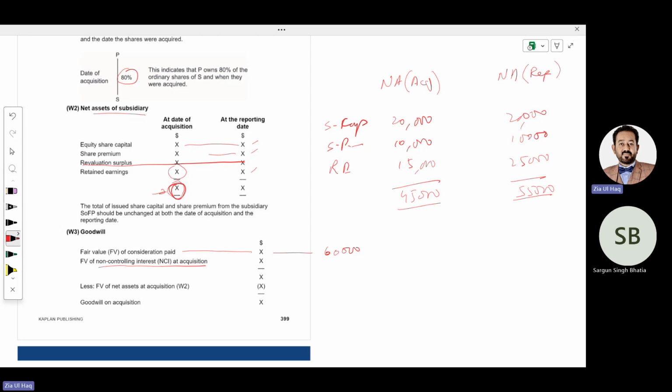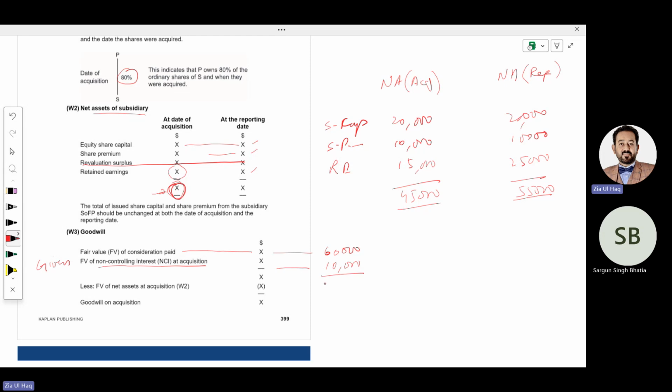How much holding is for other investors? That will be called non-controlling interest, meaning that it is not in your control. So we need to add that figure as well, and this will also be given in the question. Suppose this is 10,000.